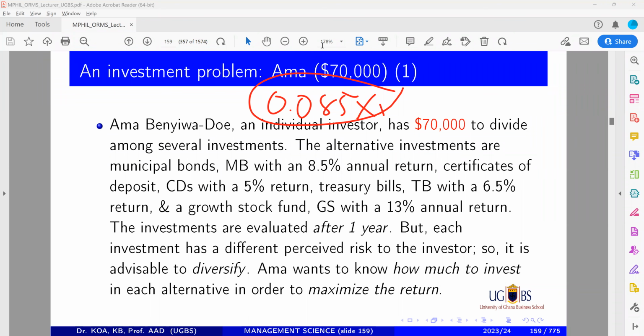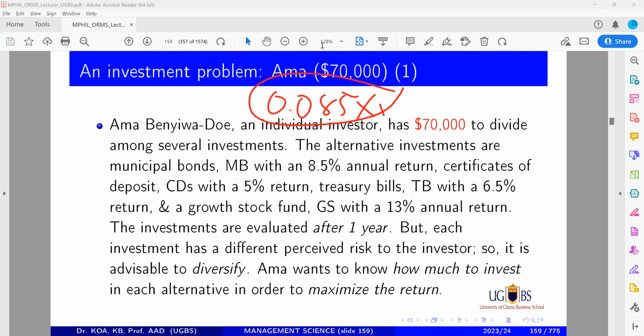Okay, so the first one, the 0.085, you used a very technical word, which is a linear programming word. You said it is the coefficient. What is another name you can call it in the practical world? Unit return.